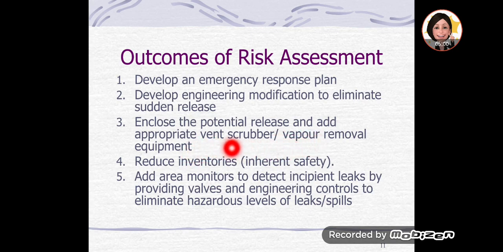We can reduce inventories, that means the amount of chemicals being used, to reduce the risk, and add area monitoring to detect leaks from possible places like valves. We can also introduce engineering controls to eliminate hazardous levels that can cause leaks. That means we control the hazardous level to avoid leaks.